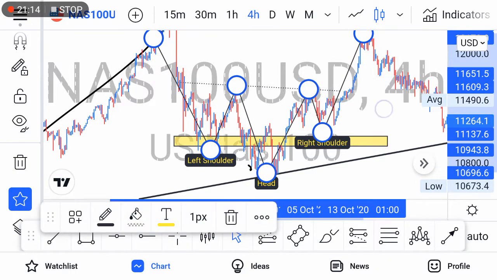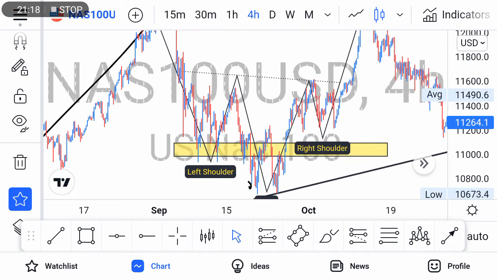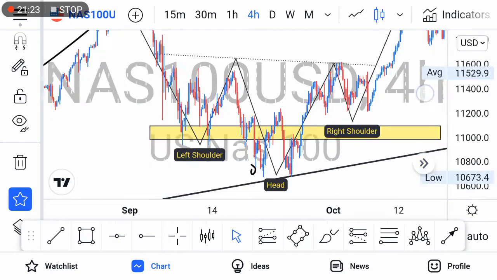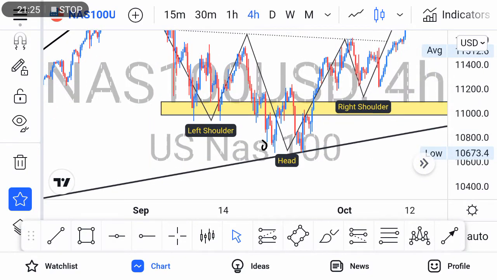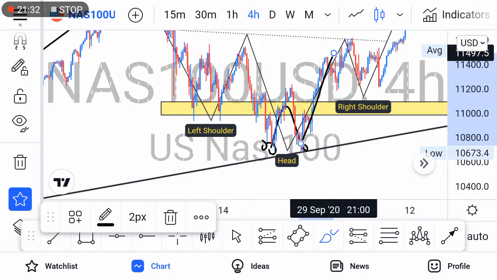But you see there, right? The head is a double bottom. So this is something we need to take into consideration: when price touches the trend line on a 4 hour, it might give us a double bottom before it starts shooting up.